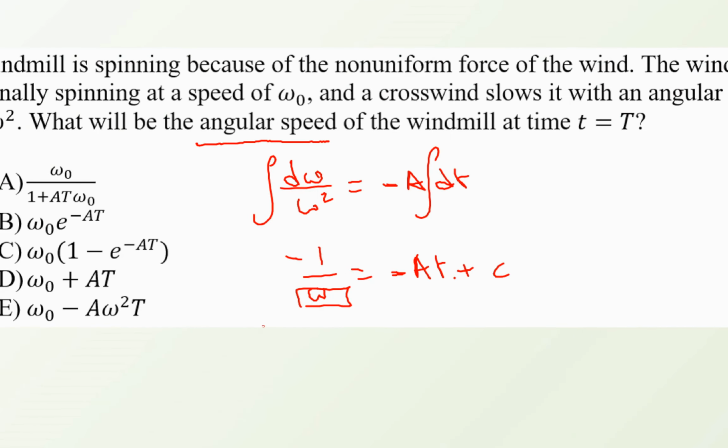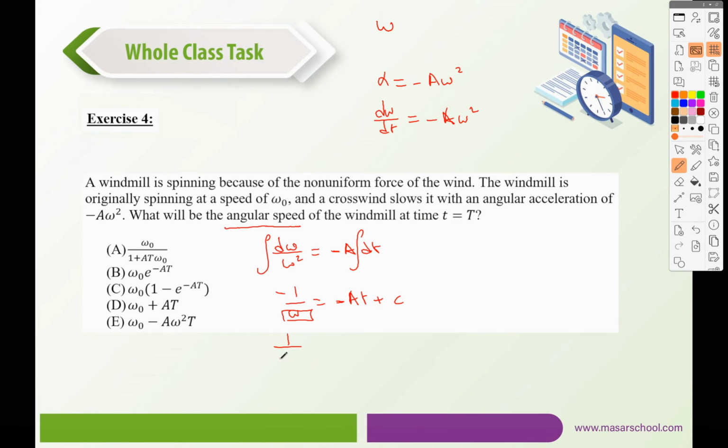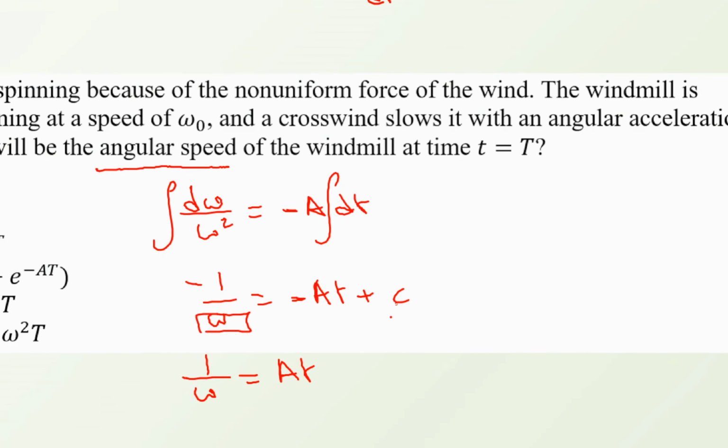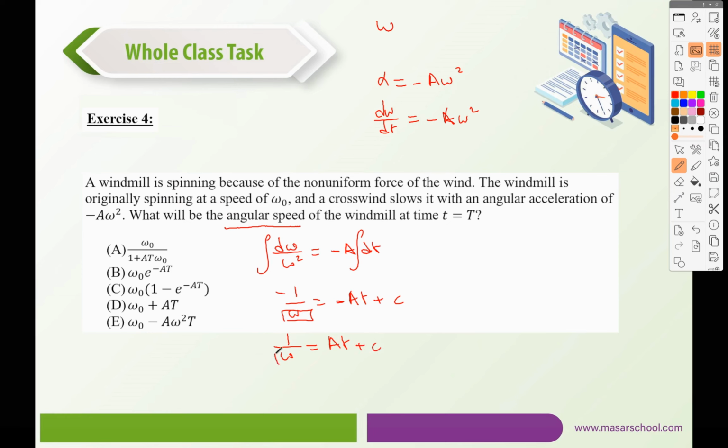Now multiplying the equation by a minus sign, that would be 1 over omega equals at plus a constant. Now minus multiplied by a constant is a constant itself. Then in this case, omega is given by 1 over the constant plus at. Now in order to find the constant, we need to use the initial condition. Initially, the initial speed is given by omega 0. So let me replace t by 0.